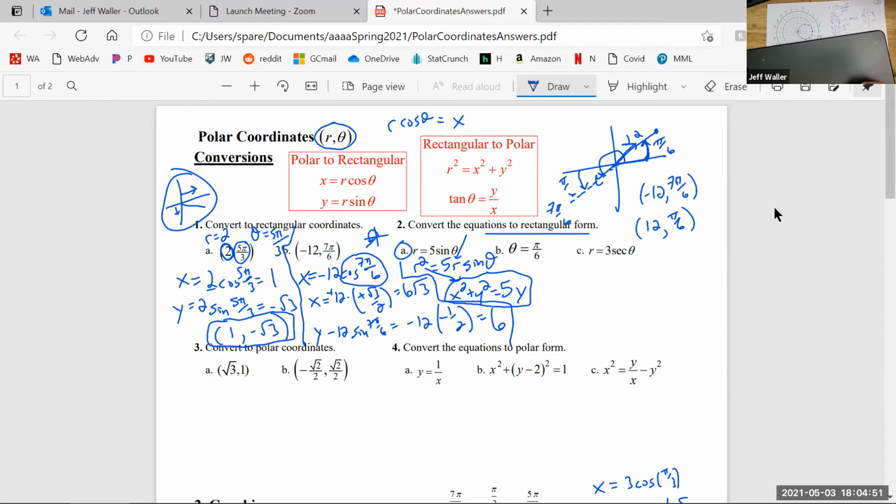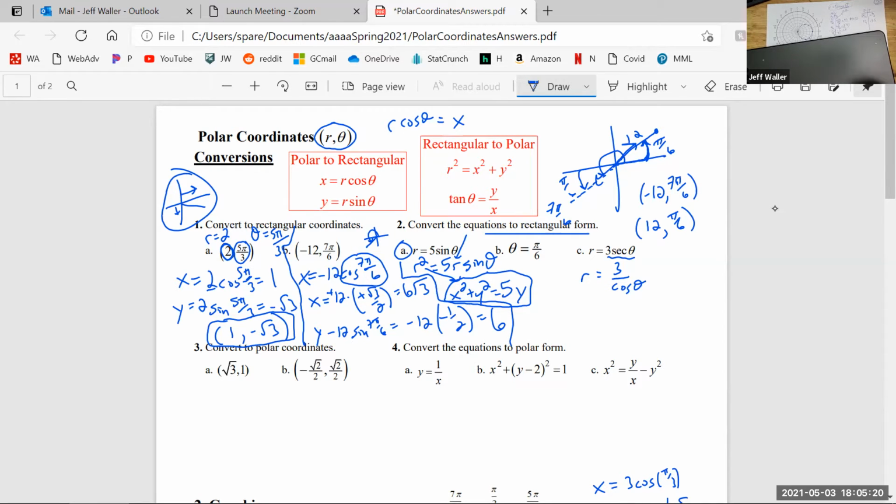How do I want to rewrite this to possibly be more useful? 3 times 1 over cosine theta. So I took a little liberty with what you said, but hopefully you're okay with this. This still isn't great, but at least it has a cosine now.